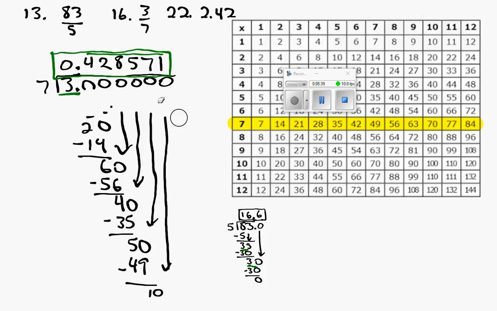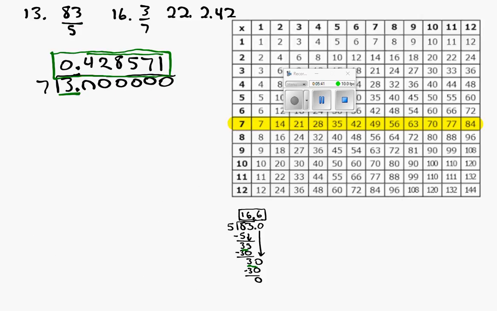So 1/7 is 142,857. And what's interesting about that is that it's the same, whoops, I put that in the wrong marker. It's just going to delete on me. Still in the wrong marker.